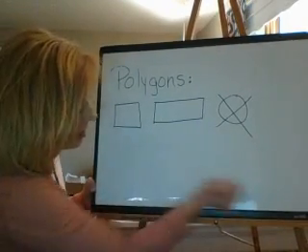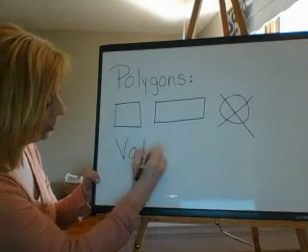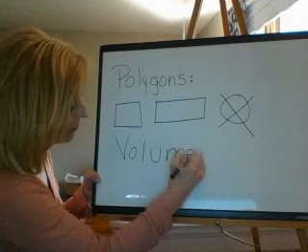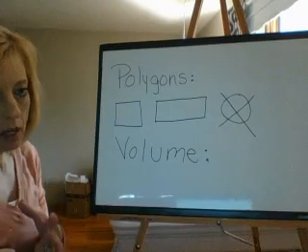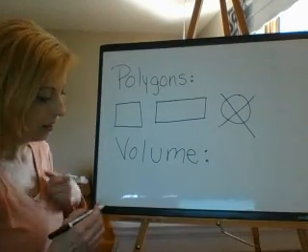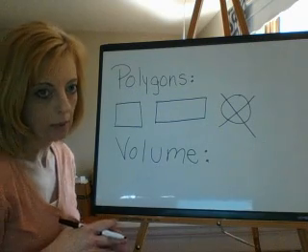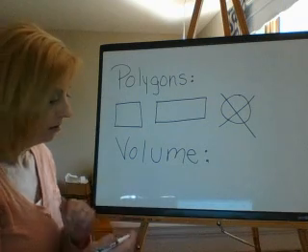That's all right. The other thing I want to show you how to do is volume. Volume is how much an object can hold. What we're talking about is a three-dimensional shape. It kind of goes along with area.